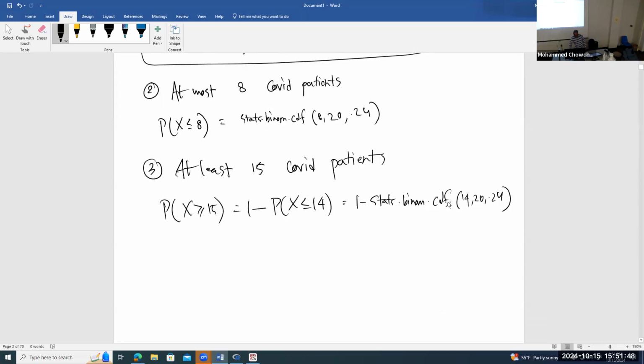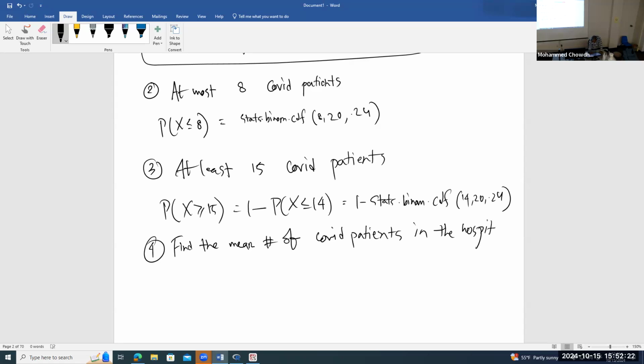Online people, are you understanding? Tyler and Isabella, are you okay? Yes. Good. And then number 4, find the mean number of COVID patients, the average COVID patients in the hospital.